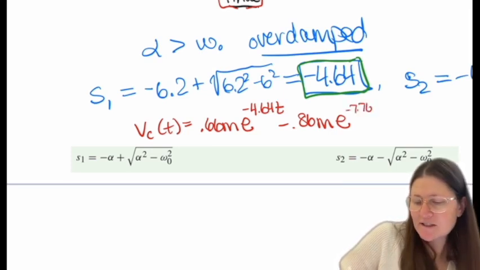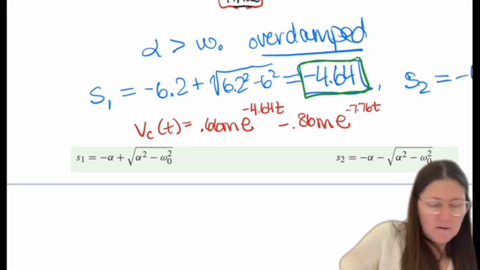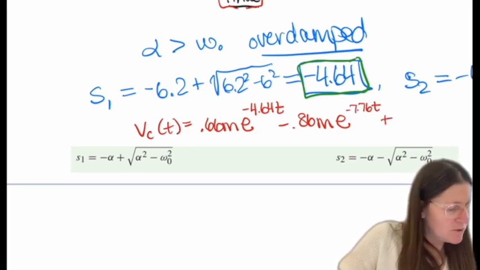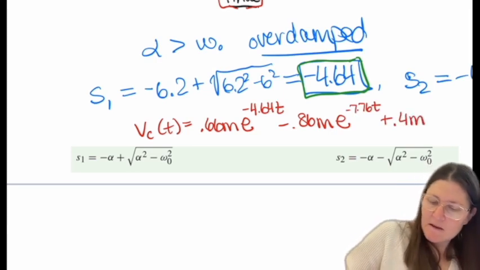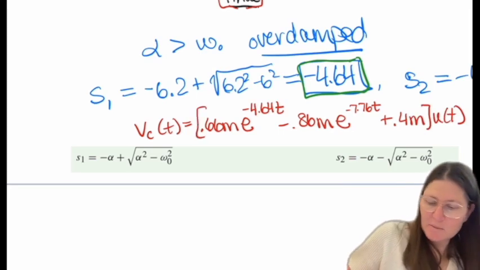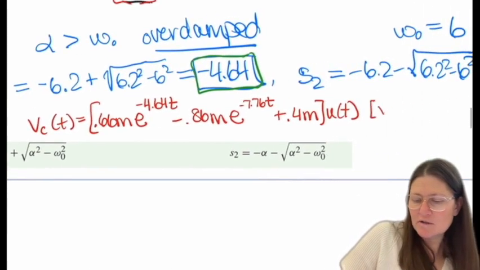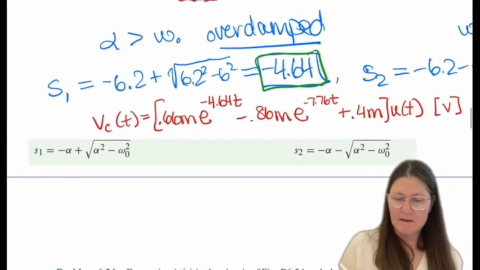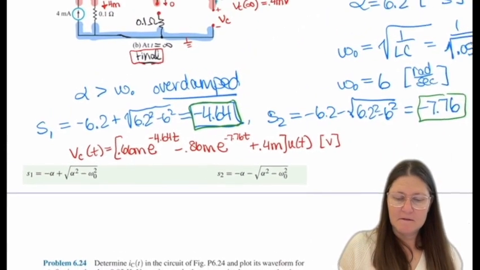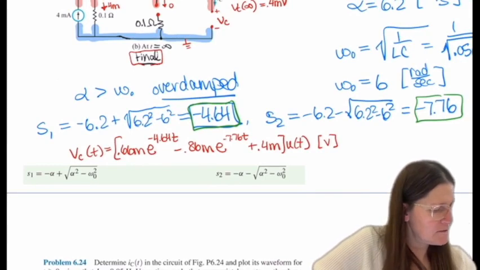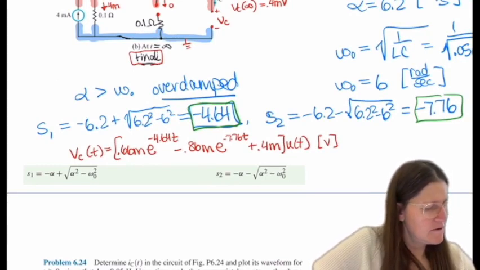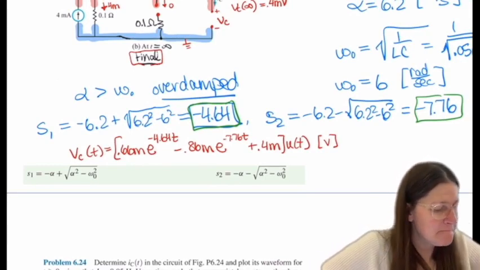Minus 7.76 T, plus VC of infinity, which was 0.4 milli. And then the whole thing is multiplied by U of T, and then the units is volts. So this would be my end equation for VC of T.